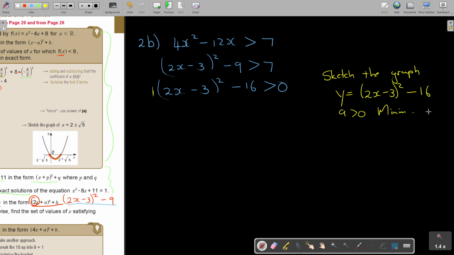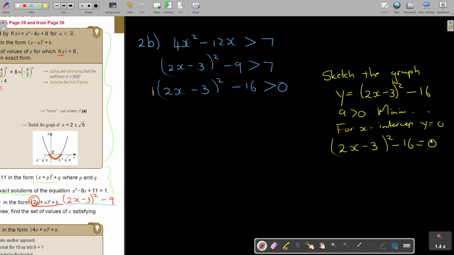Okay, so for x-intercept, make y 0. So basically, I'm just going to get 0, and I prefer writing it on the other side. So let me just say 2x minus 3 squared minus 16 will be equal to 0.